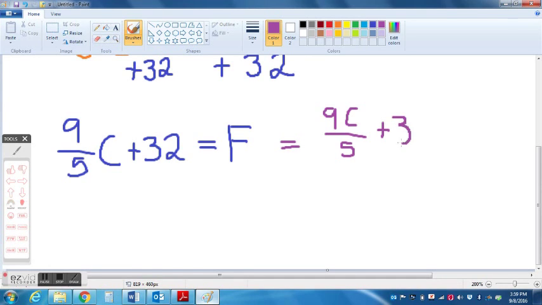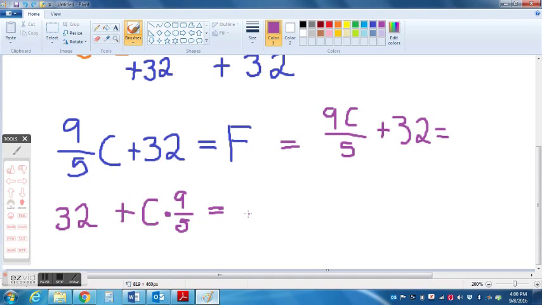You may have put 32 first, because remember, addition is commutative, so we can do it in whatever order we want. So that's a great answer right there. Maybe since multiplication is commutative, you put the C first. You know what? That works. That's still a good answer. Still has to be 32, not either.